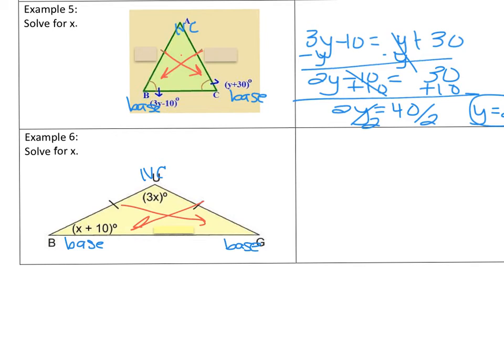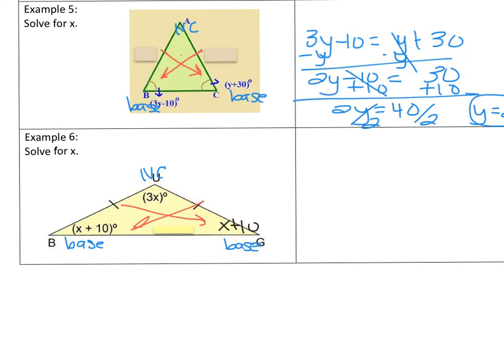I'm looking for angles. I know that base angles are congruent, and because they are congruent, the bases have to be the same. And since that's true, then this has to be x plus 10 because it has to be the same as this one. The base 1 has to be equal to base 2.